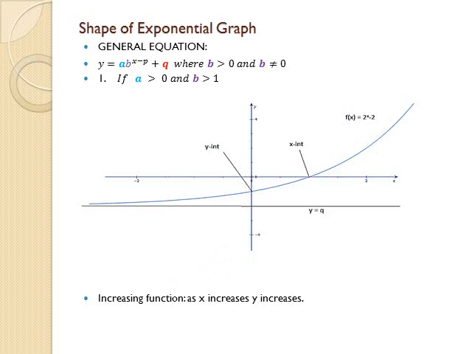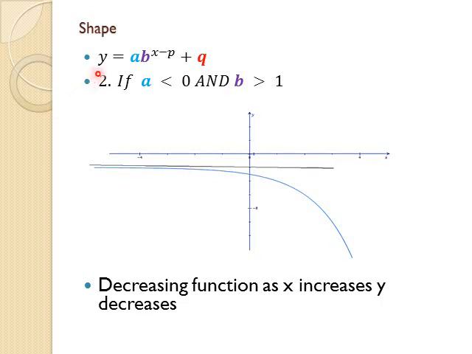So look at the next shapes. Right, same equation. If a is less than 0, meaning a is negative, but b is a positive value bigger than 1, my graph would go from the left down into the right quadrant, right? So there, you can see I can go from second to fourth or from third to fourth quadrant.